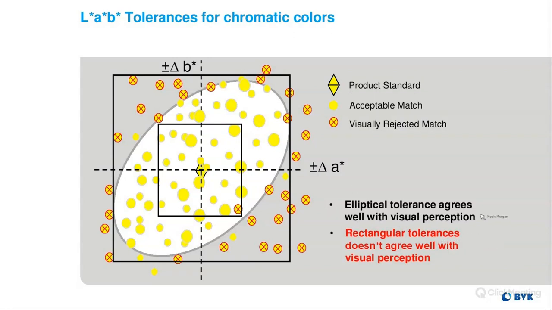Elliptical tolerancing agrees well with visual perception. Rectangular tolerances don't agree well with the visual perception. So we want to find a way to get this elliptical tolerance, because it matches best with our eyes. Our eyes aren't perfect. They're not going to see exactly how this calculation is wanting it to see.